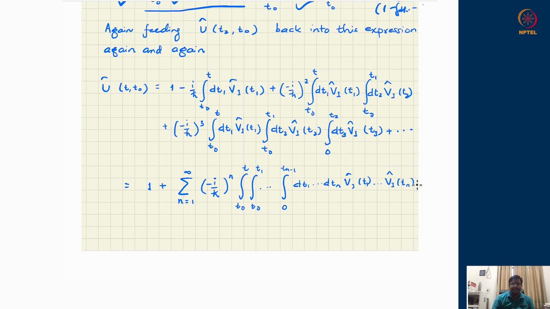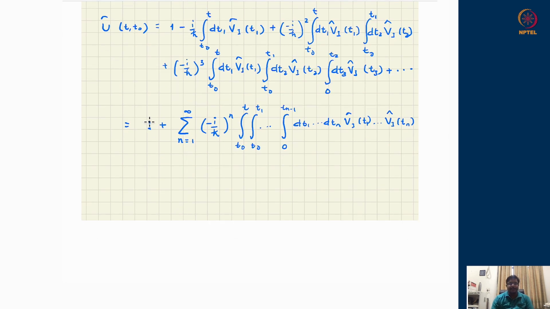So you will get this structure: 1 minus iota over h bar times the single integral, minus iota over h bar whole square times the double integral, minus iota over h bar cubed times the triple integral, similarly the fourth integral, fifth integral, and so on. And ultimately you can write it as a neat sum: identity, or 1, plus a power series in minus iota over h bar to the power n with n integrals of Vi. So this is the structure you will ultimately end up getting.